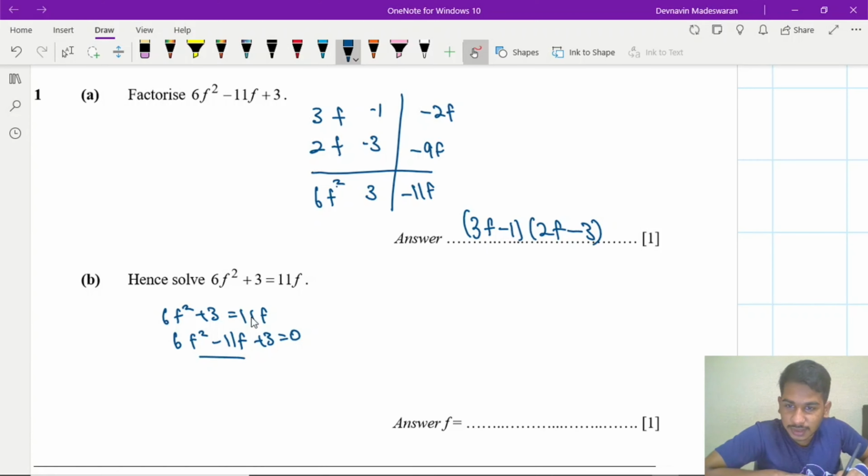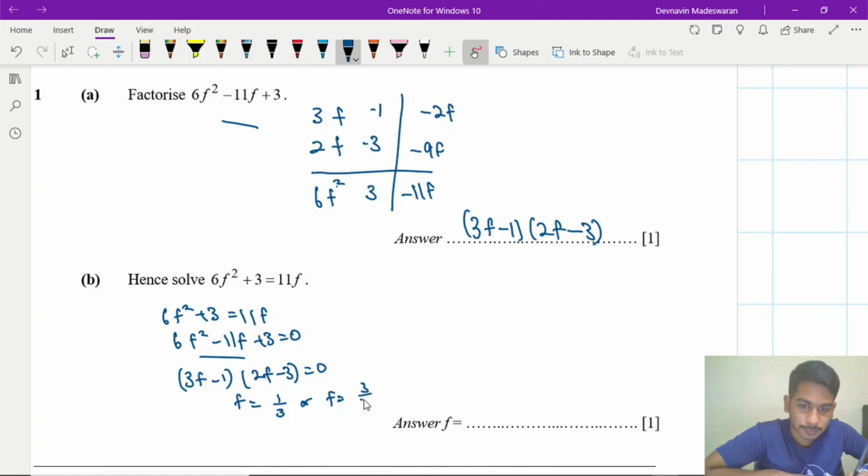This is the same thing as that, so we can replace this by that. So 3f minus 1, 2f minus 3 equal to 0. So f is equal to 1 over 3 or f is equal to 3 over 2. Good. Let's keep going.